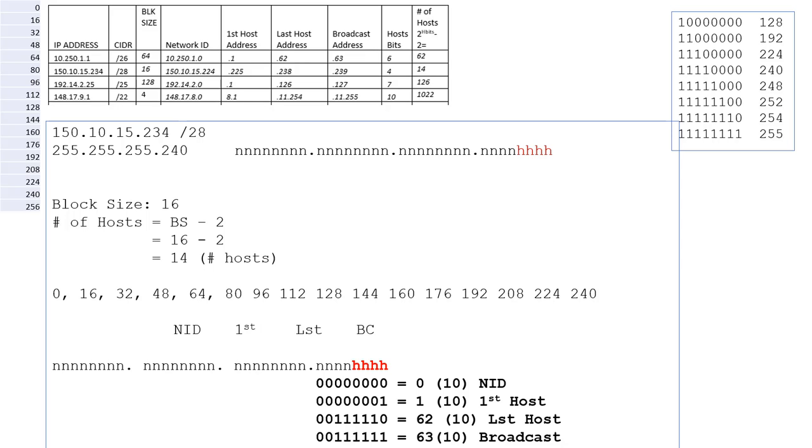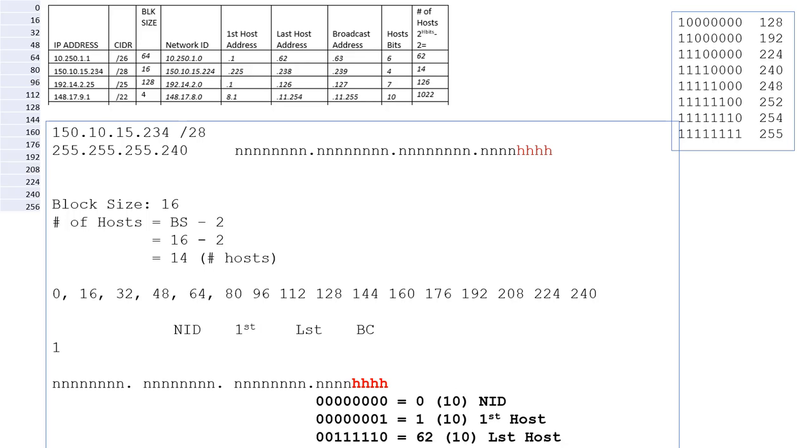So let's just take a look at this real quick. We've got our 150, we've got our 10.15, and if you recall, our network ID is 224, okay, and if you come up here, we've got 224 here.